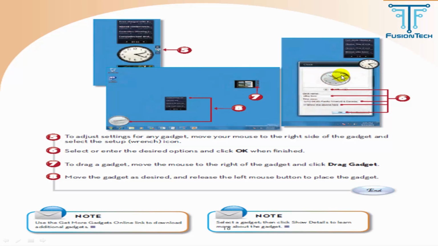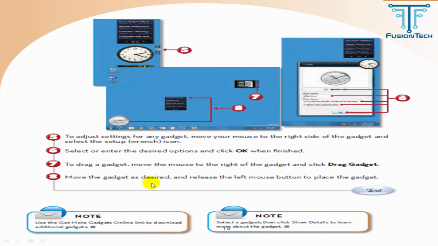Which type of gadget you select depends on you, and you set up your settings and then press OK. To drag a gadget, move the mouse to the right of the gadget and click Drag gadget. You just drag this gadget anywhere on your screen, but remember, only on the blank area of the screen.